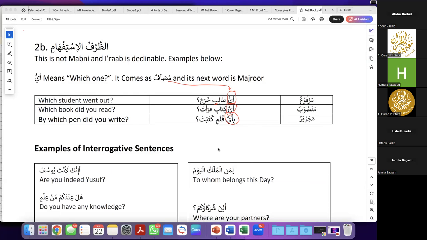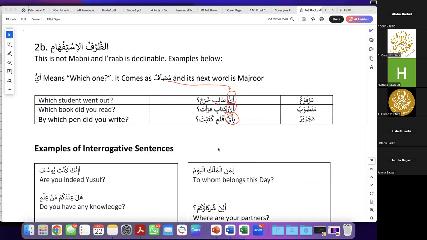Next is ayya, in the state of mansub. Ayya kitabi qara'ta, which book did you read? Again, kitabi is in kasra because ayya, this zarful istifham, has played the role of mudaf. Finally, in the state of majrur, we have bi ayyi.